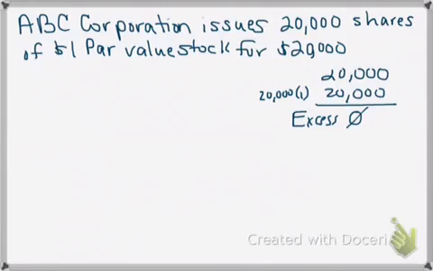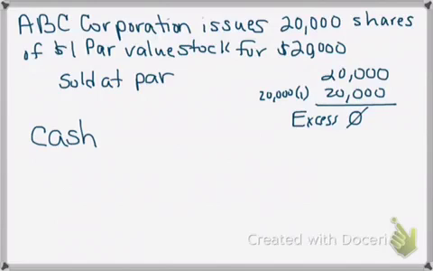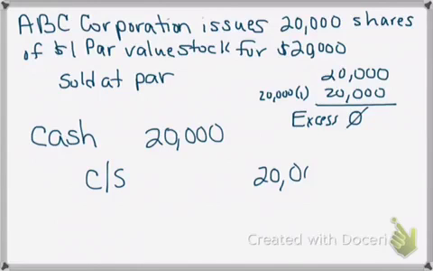So when we have an excess of 0, this is when we have sold it at par. All right? So sold at the par value. What we will have is we have cash of the $20,000, and our common stock is going to be $20,000. Notice we don't have a paid in capital in excess because there is no excess for this particular problem.